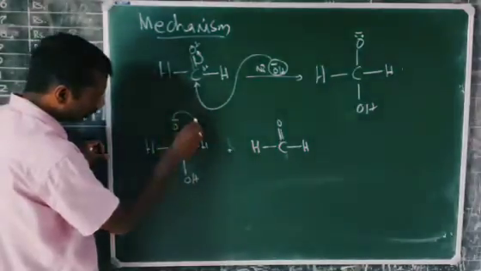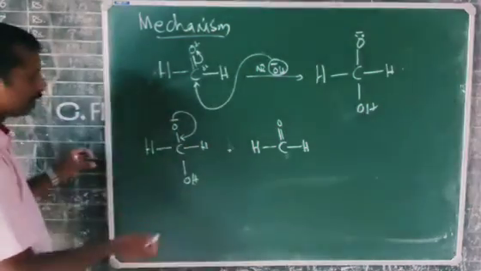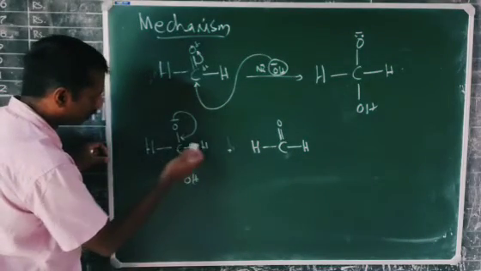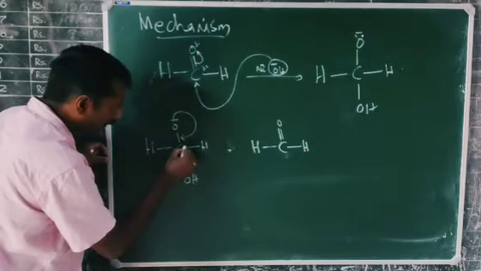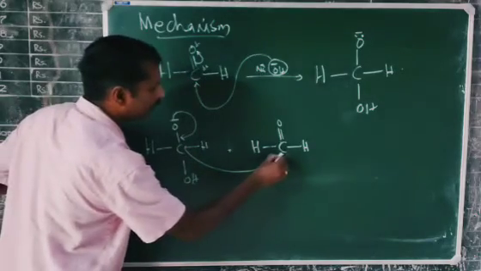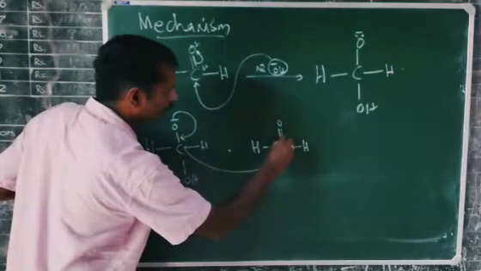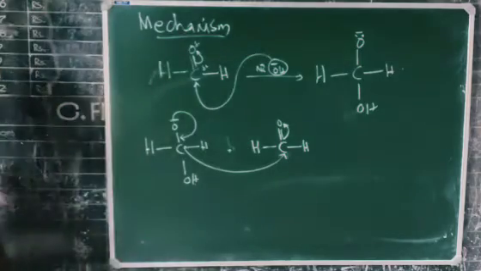When this pair of electrons is coming back, then what will happen? This CH bond breaks from this carbon and will attack on this carbon. At that time, one of this double bond, this bond, is shifting to oxygen. Clear?